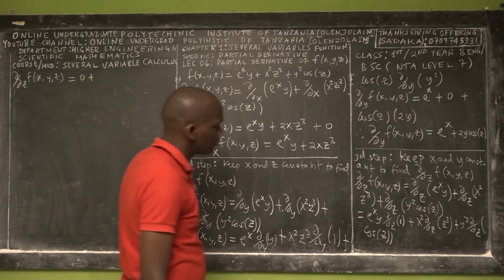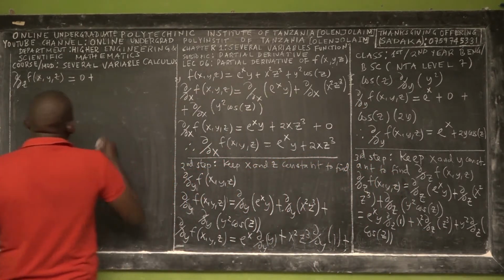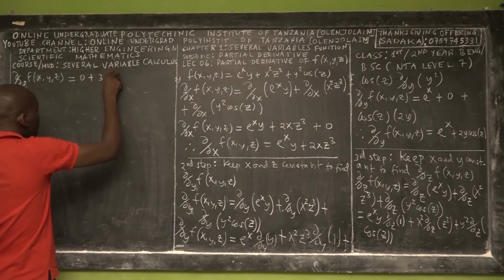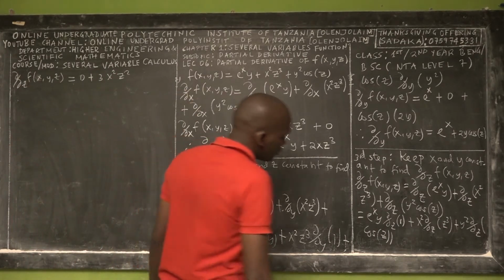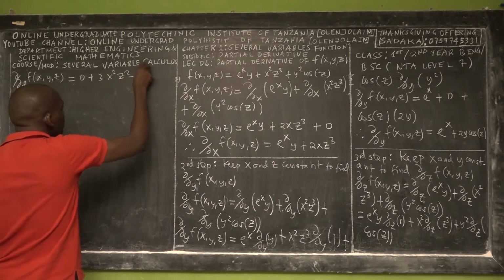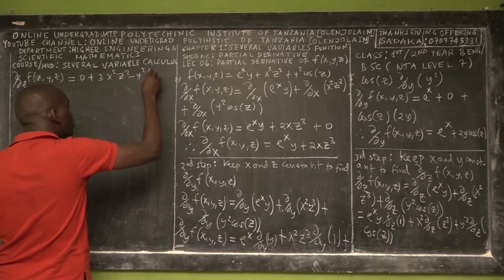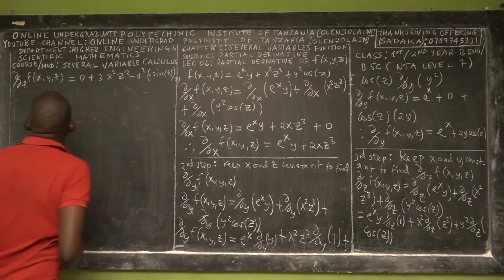The second part, we differentiate this with respect to z is 3z squared. So plus 3x squared z squared. Then we differentiate, we have y squared cos of z. So this is y squared, differentiate cos of z, we get negative sine of z.